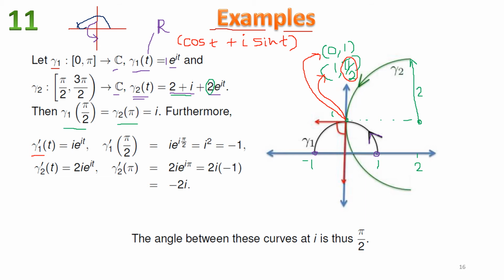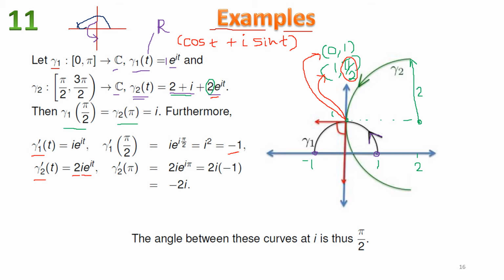So i into i will be i square, that is minus 1. Gamma 2 dash, we have to find the derivative of this number. Derivative of 2 will be 0. Derivative of i will also be 0. Then 2 is a constant, it remains as it is, and the derivative of this exponential function e to the it is i times e to the it.